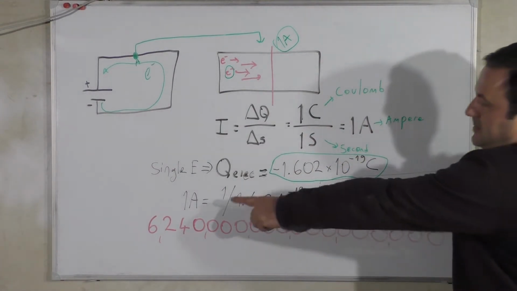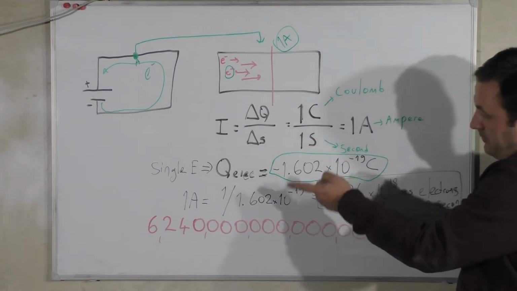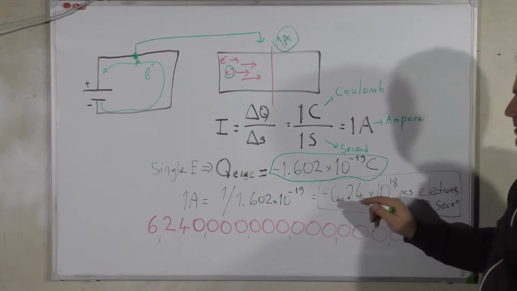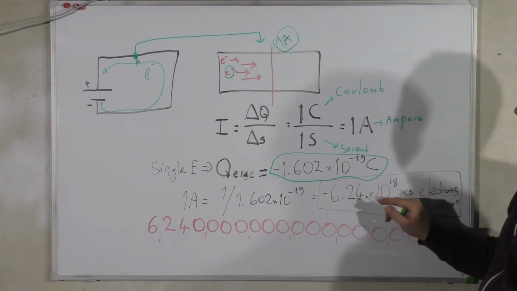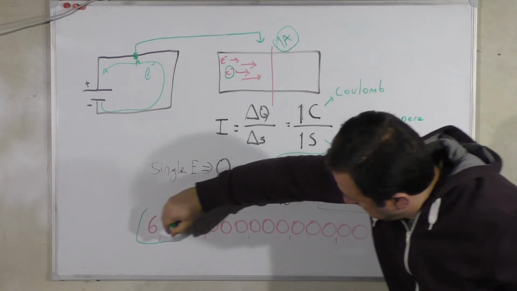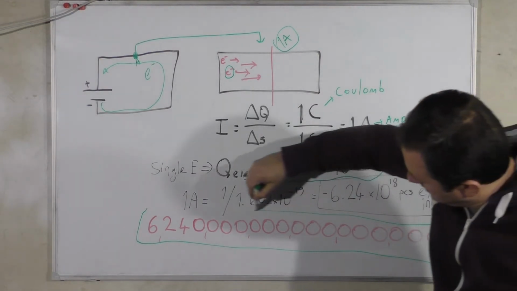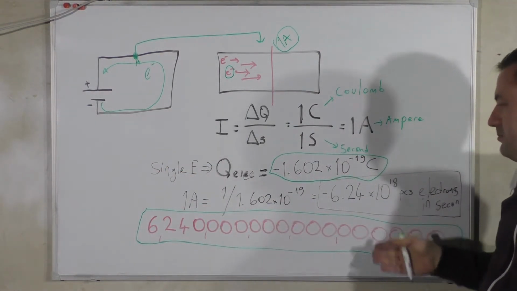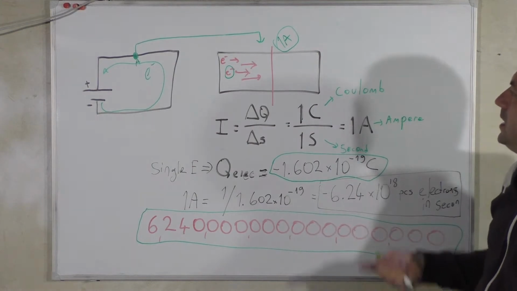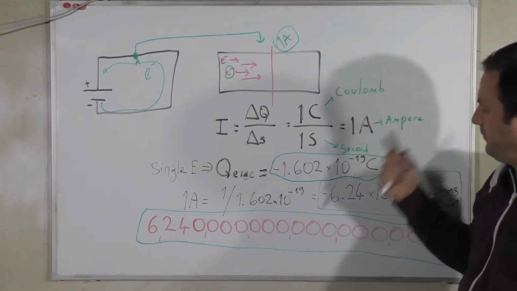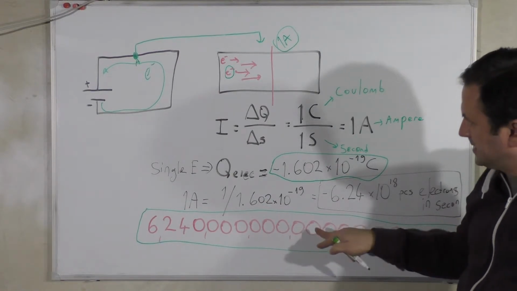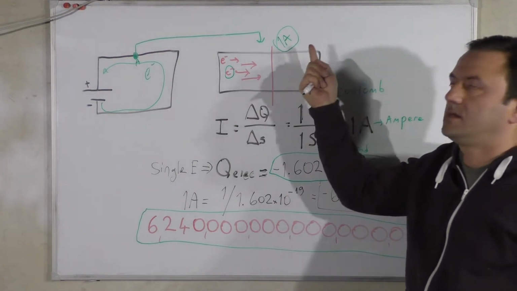If you put that charge of the electron in the equation, we find 6.24 multiplied by 10 to the power of 18. I typed the number here. Can you read? I can't read. Billions of trillions, millions of trillions, like that. If such a quantity of electrons passes in 1 second, it creates 1 ampere of current.